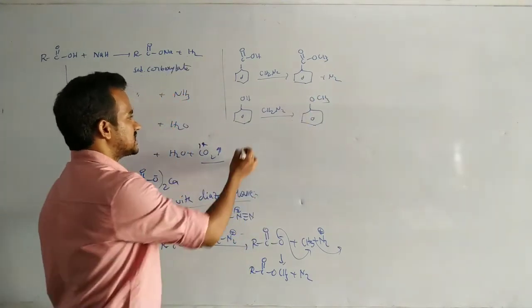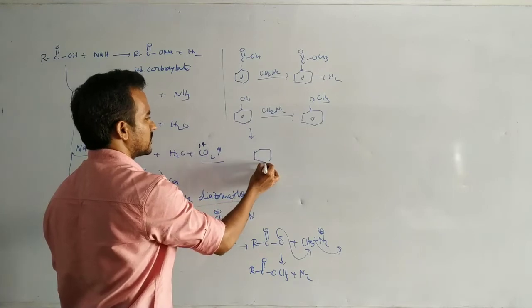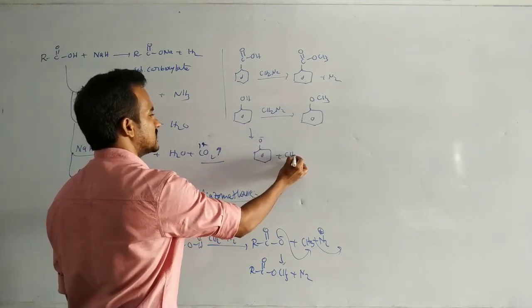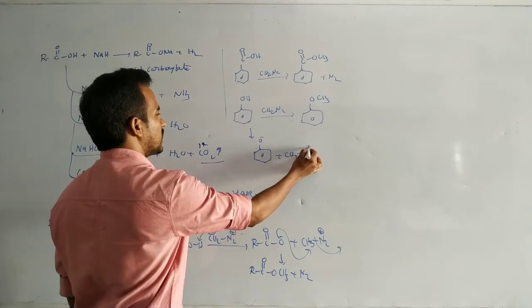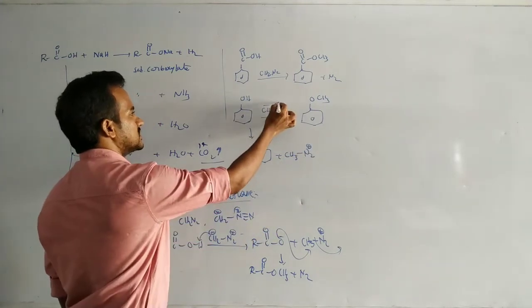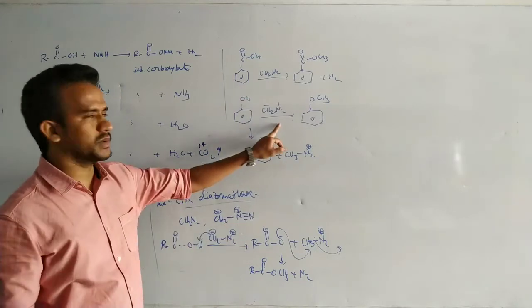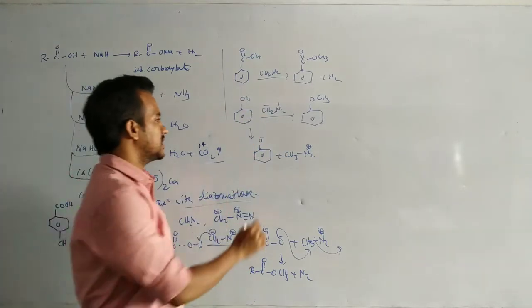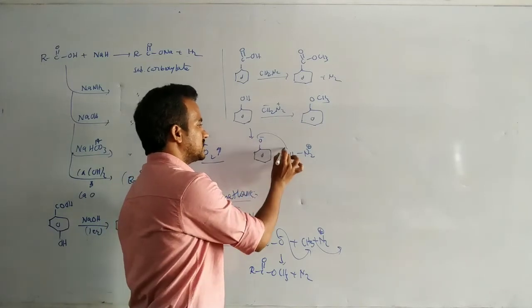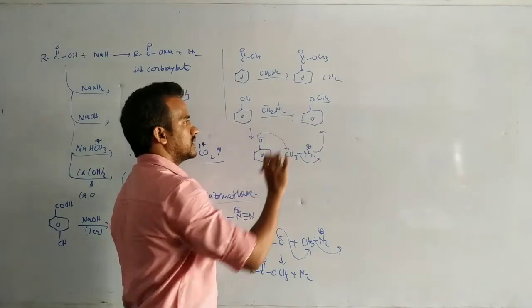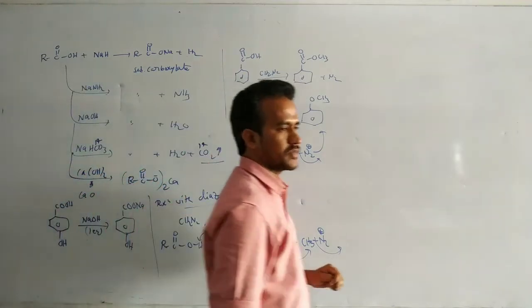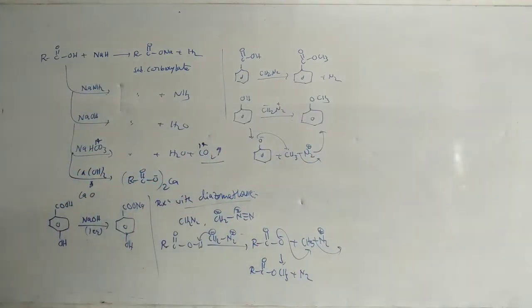First of all, an acid-base reaction takes place: phenoxide O minus plus CH3 N2 plus, sorry, CH2 minus N2 plus. Then the nucleophile attacks, N2 leaves, and we get anisole. That is the reaction with diazomethane: carboxylic acid on treating with diazomethane gives esters.